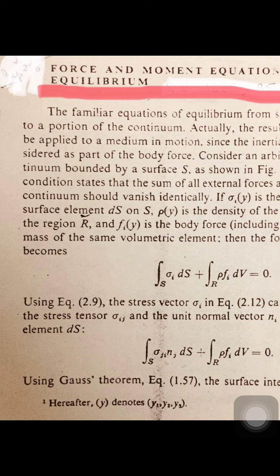Now in the first part we are using the Gauss theorem of chapter 1, which we studied in chapter 1. By the Gauss divergence theorem, sigma_ji n_j can be written as sigma_ji,j.